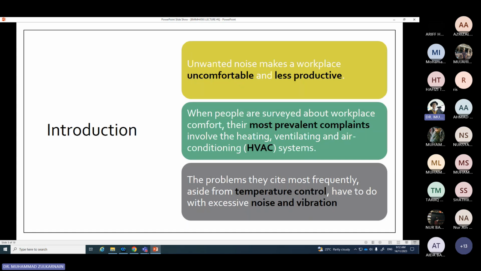Every diffuser, as we know, has fins to direct the airflow. From this airflow direction, it can create vibration, and then create noise. Noise can also come from other sources, not only from the air itself but also from mechanical work, maybe in the room.